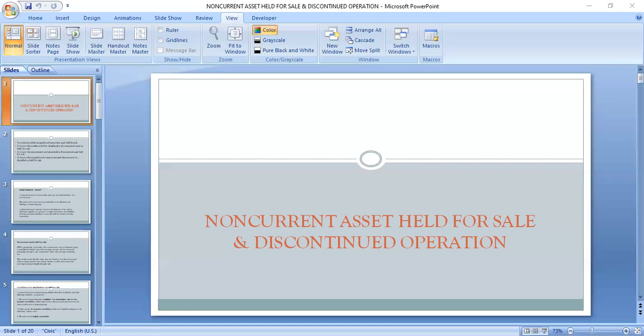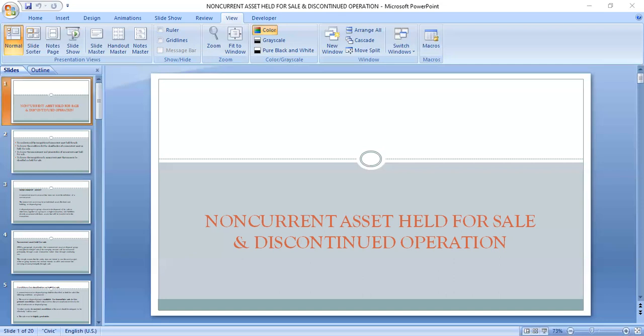Simply stated, the income or loss from discontinued operation, net of tax, shall be presented as a single amount in the income statement below the income from continuing operations.